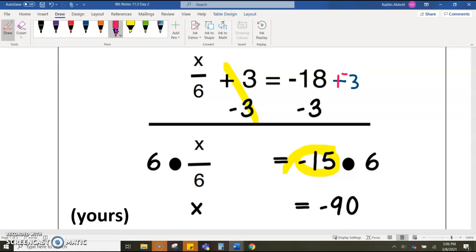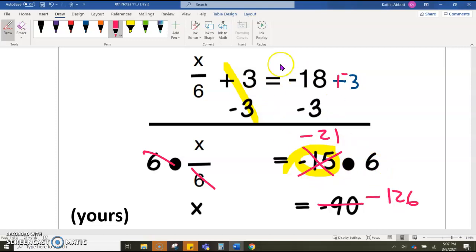So instead of negative 15, this is now negative 21. Now what they did, it looks like they multiplied by 6, which is correct because those would have gone away, and then they're left with x. And now 21 times 6 should have got them negative, what is that, 126? Negative 126.